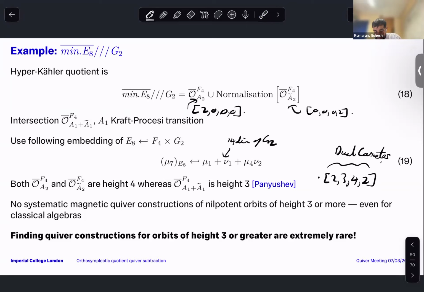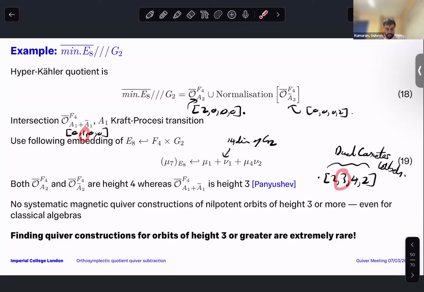When I dot these 4 numbers into this, what I get is the height. So 2, 0, 0, 0 gives me height 4, and likewise 0, 0, 0, 2. This one has the following, so this is height 3.